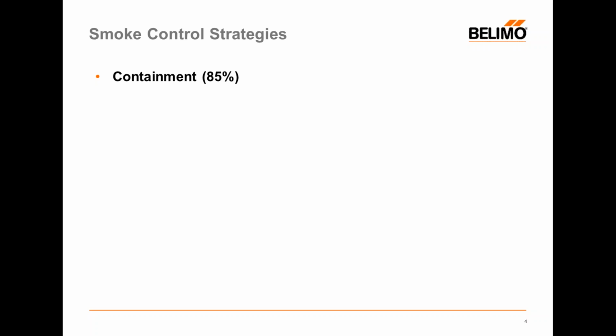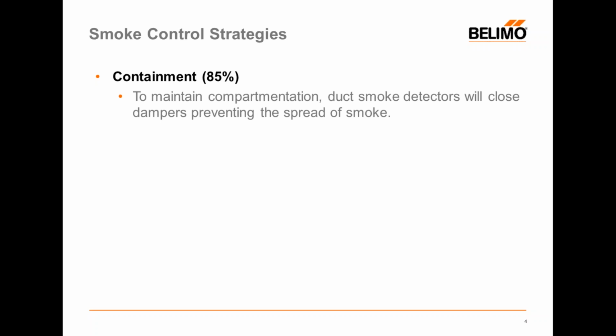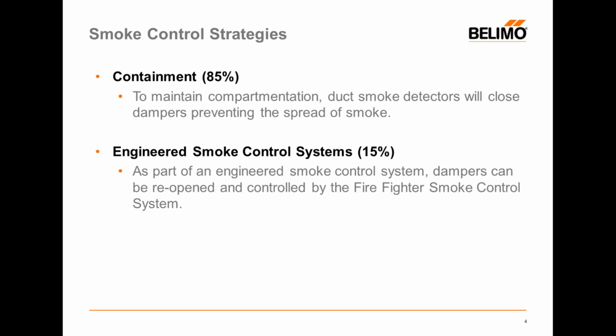So the two most common smoke control strategies are containment, which is about 85% of the market, and its intention is to maintain compartmentation. Duct detectors or heat detectors will close dampers to prevent smoke from migrating from one room to the other or into different parts of the building. And then a smaller, about 15% of the market, is the engineered smoke control system.